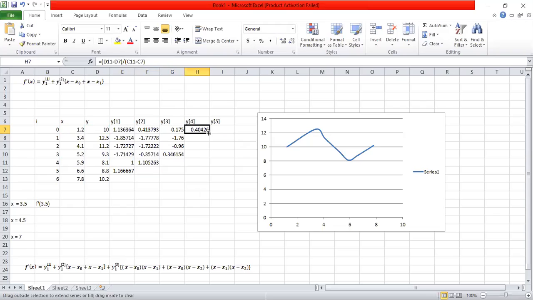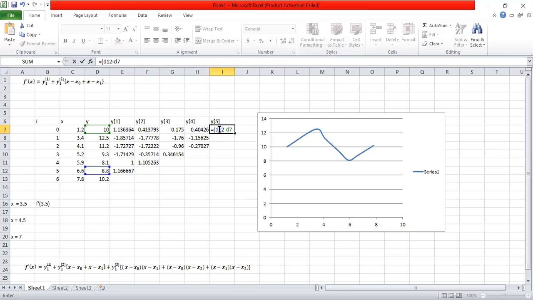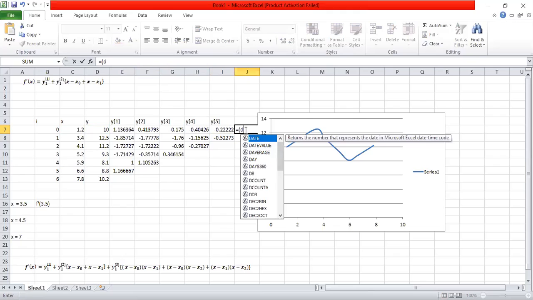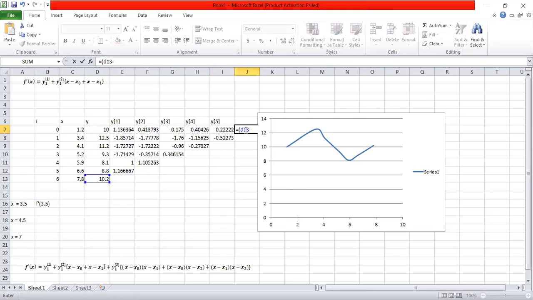So fourth order divided differences are developed, and fifth order divided difference, and I consider D12 minus D7 divided by C12 minus C7. एक ब्रैकेट लगाना मैं भूल गया हूँ, and copy it down as much as possible, and the last divided difference, which is the sixth order divided difference, is equal to D13 minus D7 divided by C13 minus C7. So the complete divided difference table is developed.